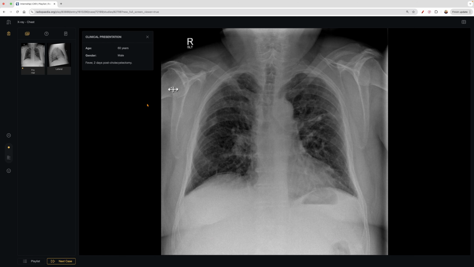Alrighty, so now we have another case. So a 6-year-old male, fever 2 days, another post-operative patient, okay? Hint, hint. So looking here, coming across, coming down, and then we come up. So, when you question if the lungs look normal or not, let's count some ribs. 1, 2, 3, 4, 5, 6, 7, 8, 9, 10.